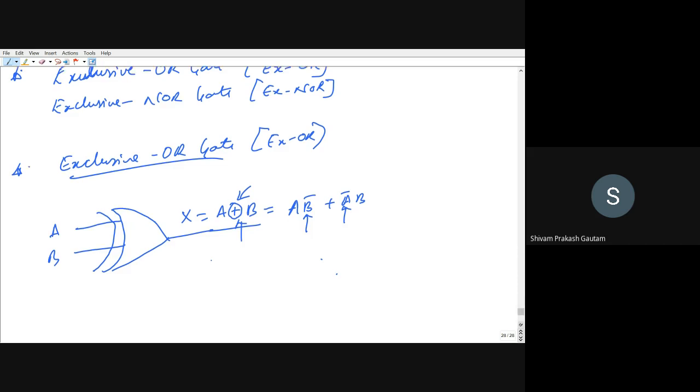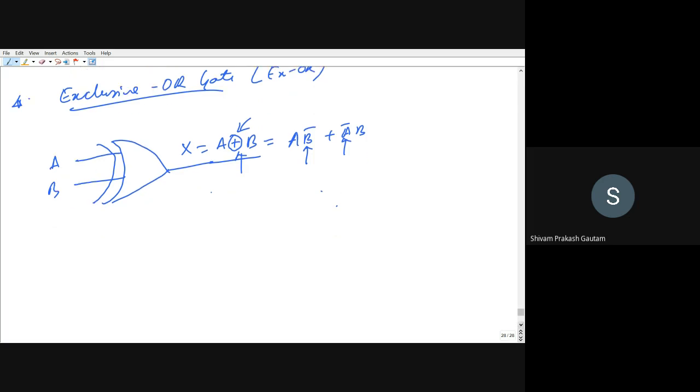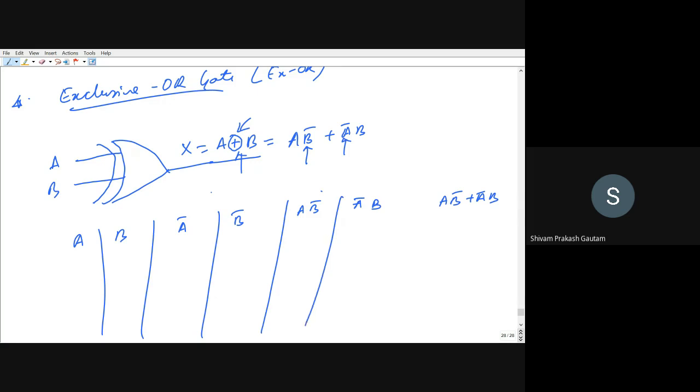Okay. Now, if I want to represent its truth table, again I will make a truth table. So A, B are the inputs. Now I will take A bar, B bar, A B bar, and finally A B bar plus A bar B. So you can see I have drawn the intermediate states as well as the inputs and output.